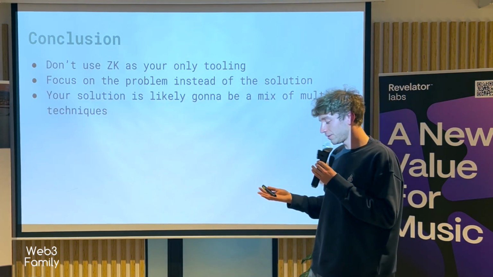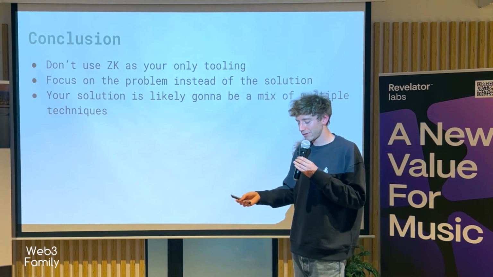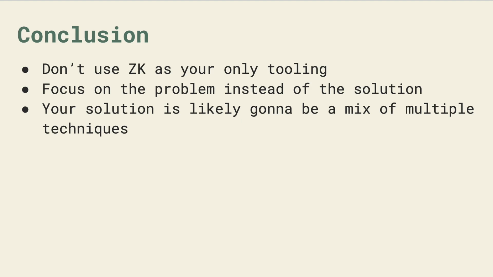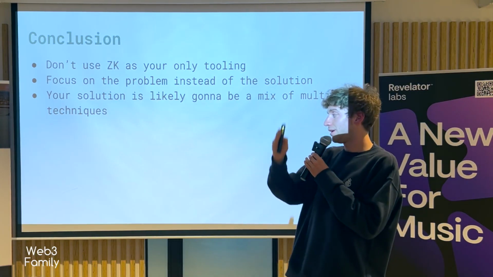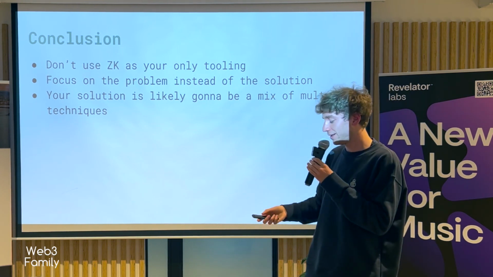And also, what you most likely end up discovering is that the solution will be built as a mix of this tooling. So, for example, in this case, let's say we use three tools, which are ML, ZK, and MPC too.